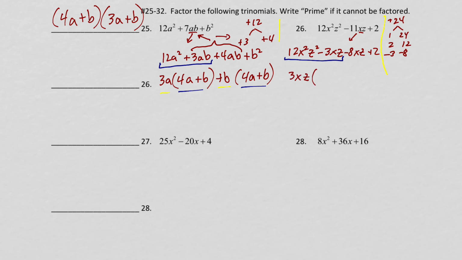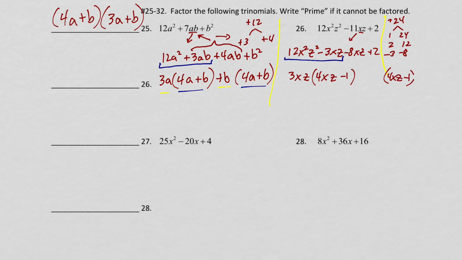And let's do this so I don't get confused. Okay, so that leaves behind a 4xz minus 1. So I'm going to leave a big space, and I'll put 4xz minus 1 down again.